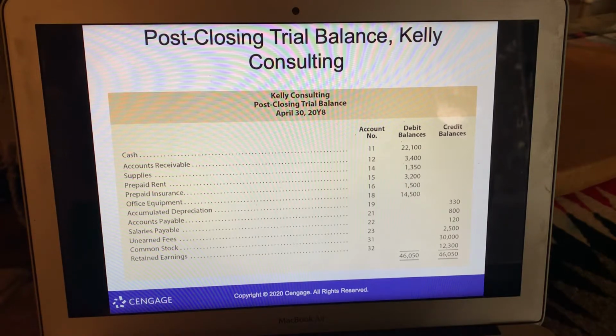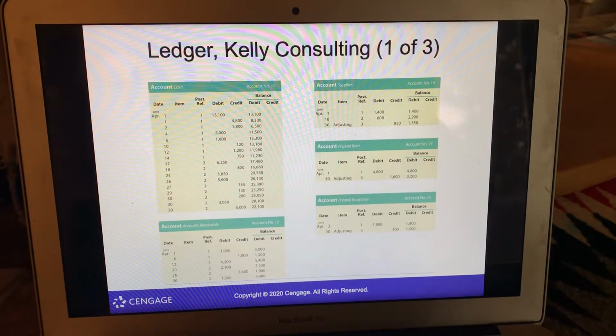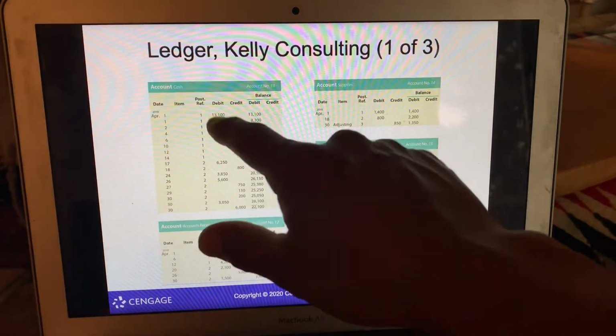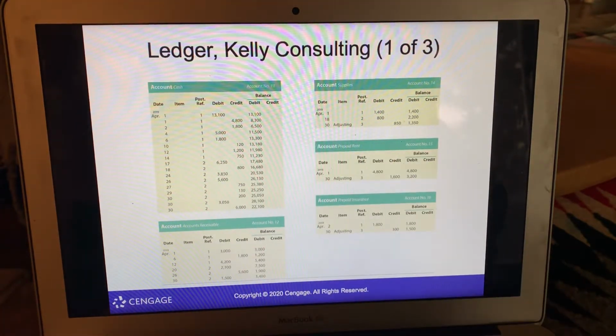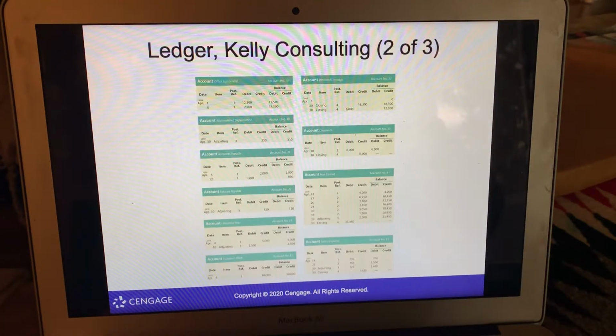Okay, and let's see. So here's the ledger of those accounts, and these are all the transactions in April. And I don't know if you noticed this, but this is running from chapters 1, 2, and 3. So some of these are running totals from previous chapters. Okay. Here's the other office equipment all the way down to salaries expense.